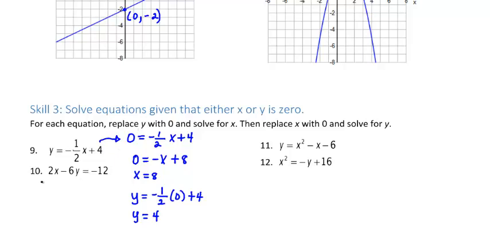Replacing y with 0, we get 2x minus 6 times 0 equals negative 12. But 6 times 0 is 0. That simplifies to 2x equals negative 12, or x is negative 6.